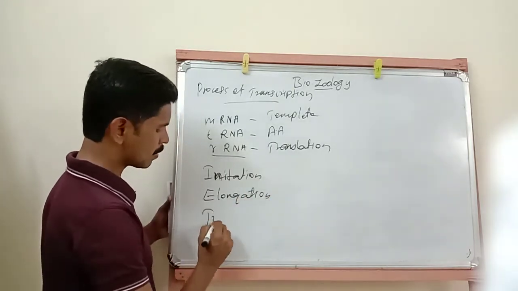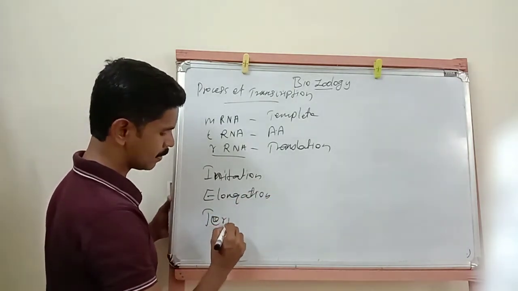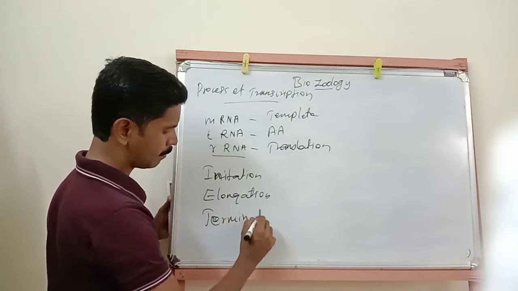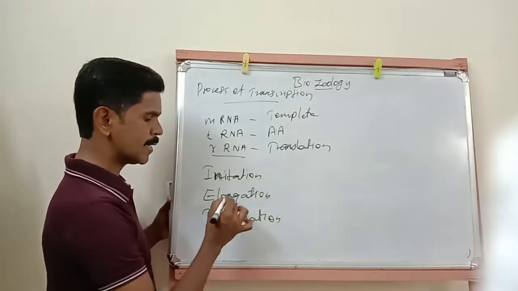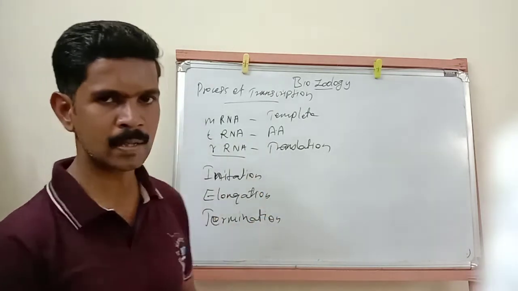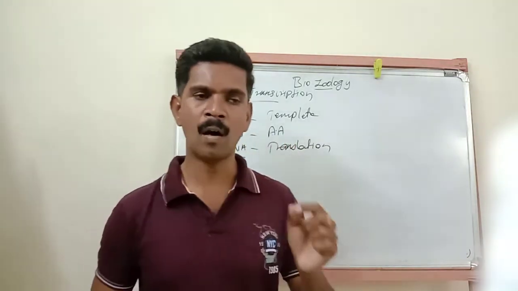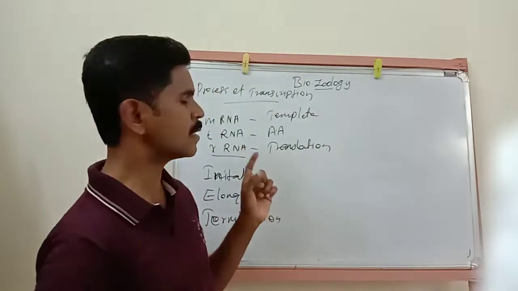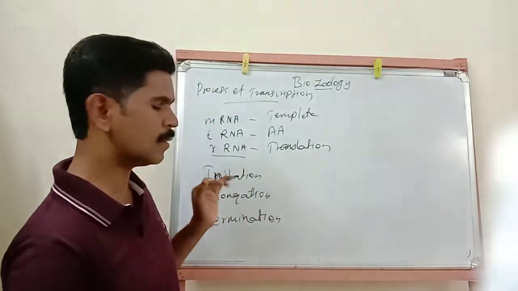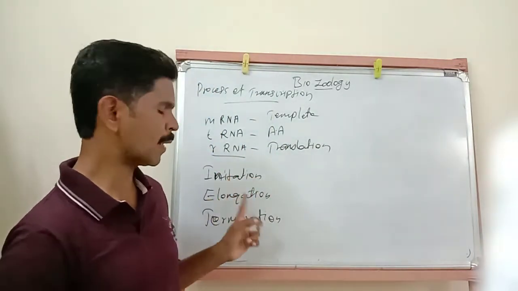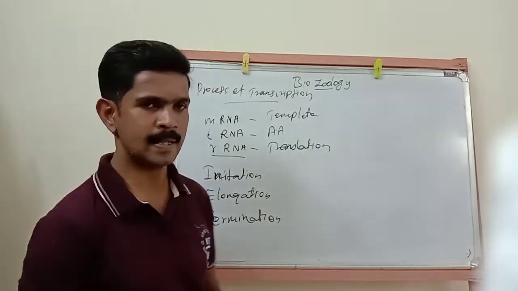And the third step is called termination. So initiation, elongation, termination: all the transcription process takes place in these three steps.